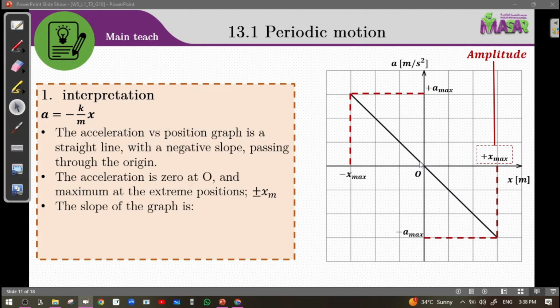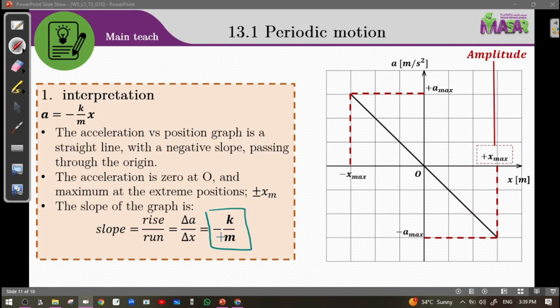And as a result, the acceleration will also vanish. Now, when we calculate the slope by using rise over run, we apply delta a over delta x. After we do the calculation, the final result will be equal to minus k over m according to the given equation, because here the slope represents minus k over m.